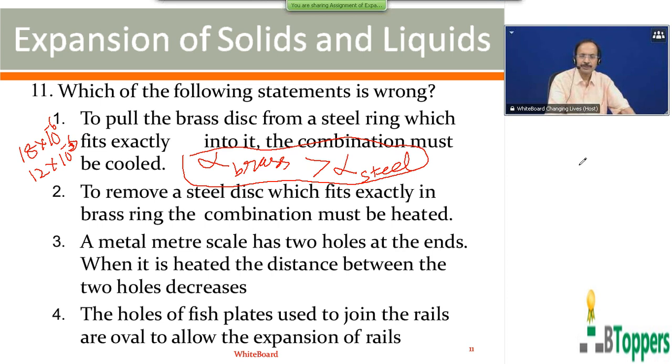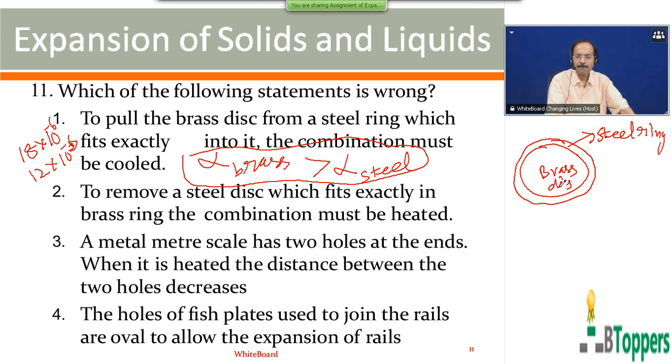So, if you have a brass disc which is fitted onto a steel ring, the brass disc, suppose, fits exactly into a steel ring.